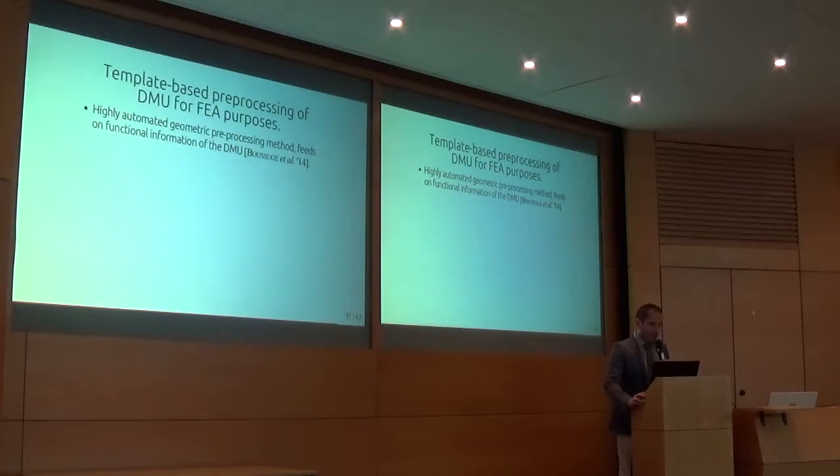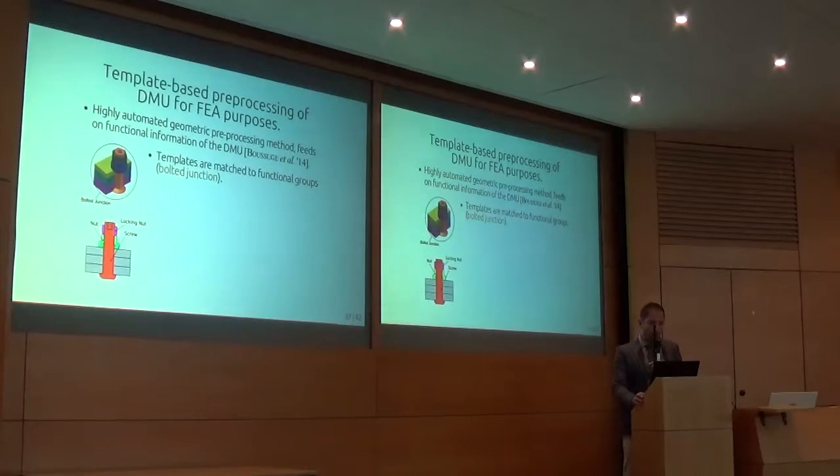Now, a direct application of this approach is what has been done in the frame of the Roma project by Bosuj et al. It is a highly automated geometric pre-processing method for finite elements simulation purposes. It is based on template matching.